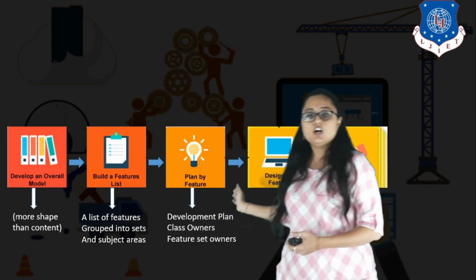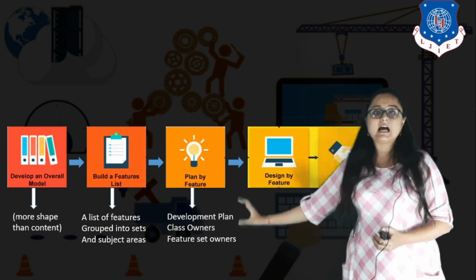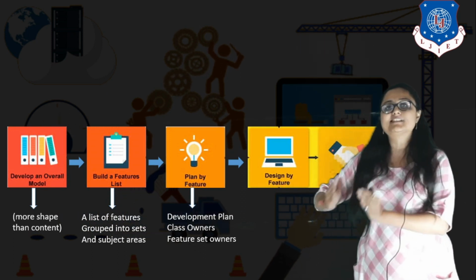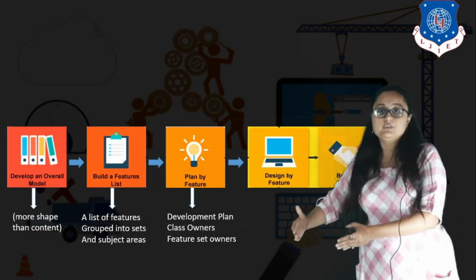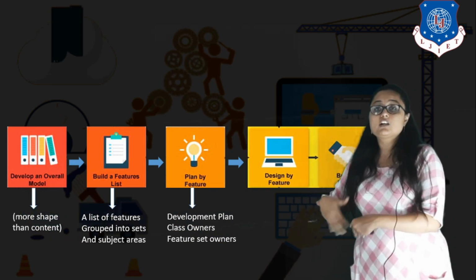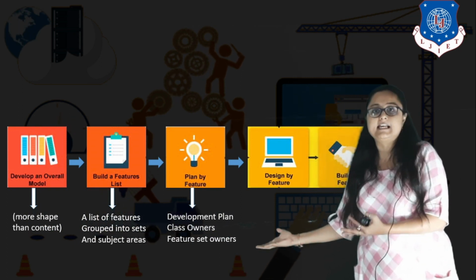After that, you have the phase that is known as design by feature. In the planning phase, we have the feature set owner, who is going to develop and when he is going to develop, but how he is going to develop is not yet decided.